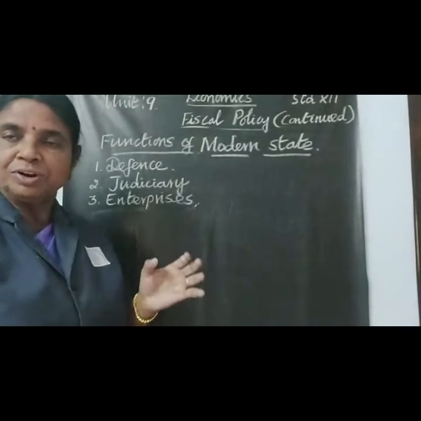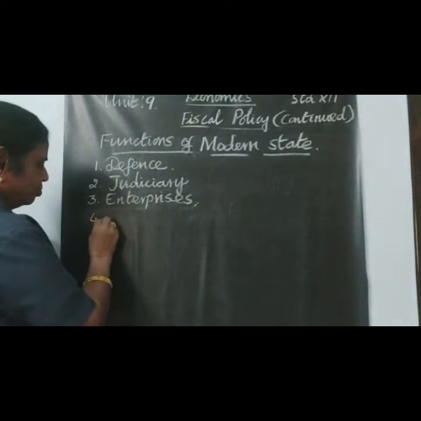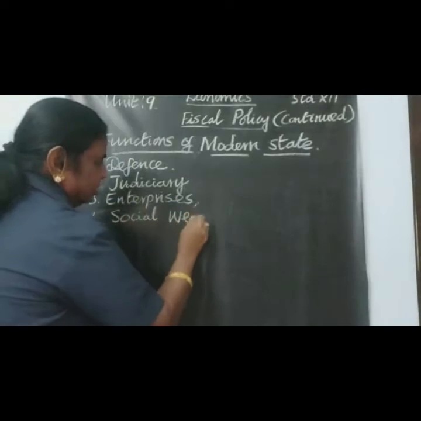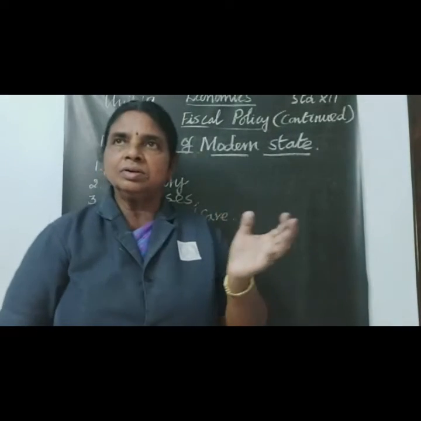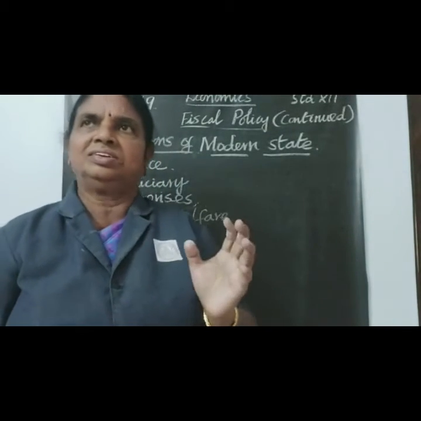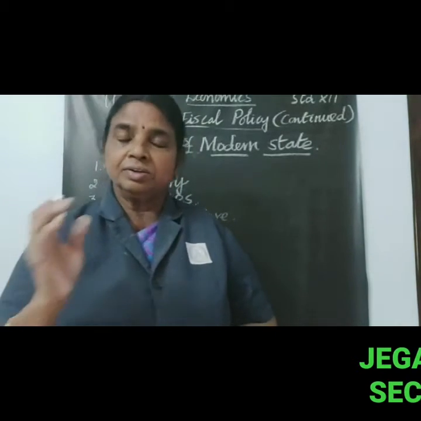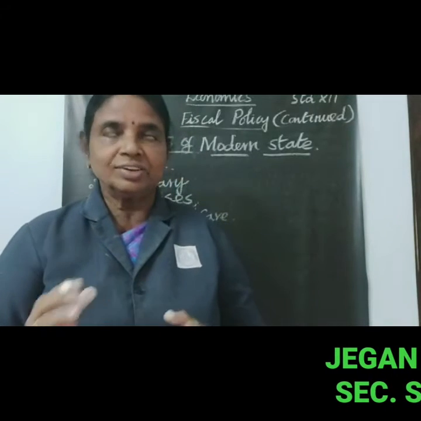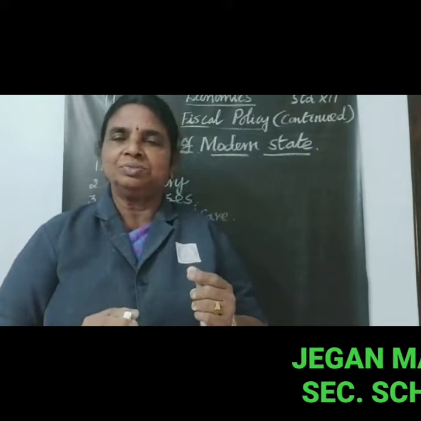The fourth important function of a modern state is social welfare. Social welfare is one of the important duties of a modern state, and it is the duty of the state to make provisions for education and social security, social insurance, health and sanitation for the betterment of the people in the country.